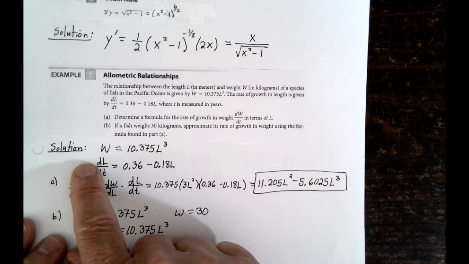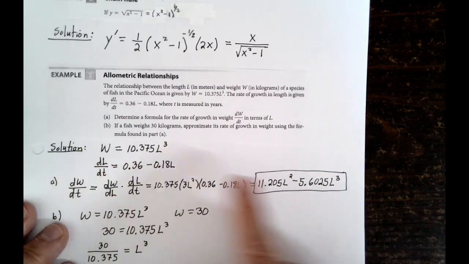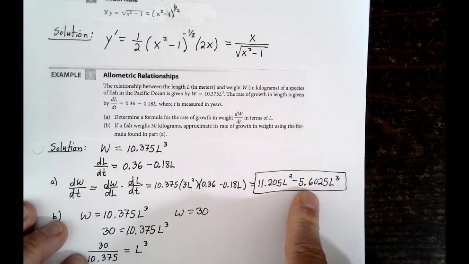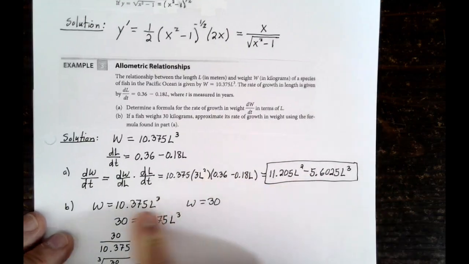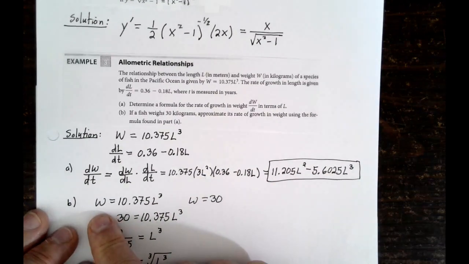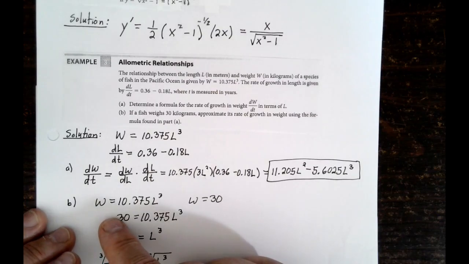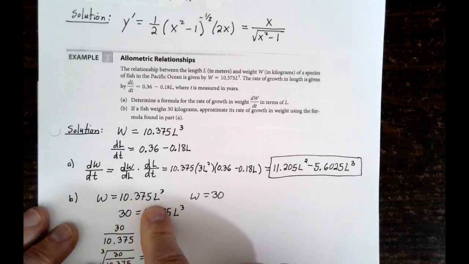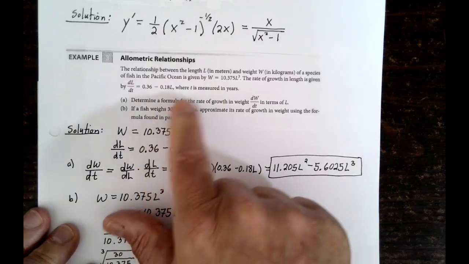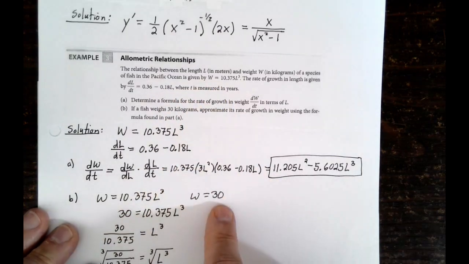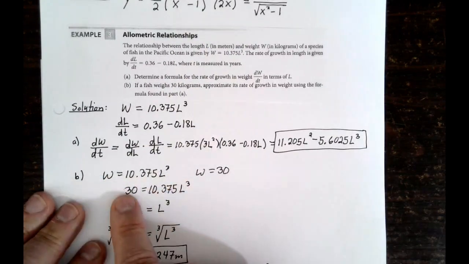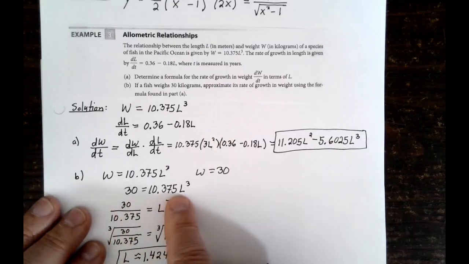It's the rate of change of the weight of the fish based on the length of the fish. And so part B says if a fish weighs 30 kilograms, approximate its rate of growth in weight using the formula found in part A. Well, if the weight equals this, which is the original formula they give you, and we know that the weight is 30, instead of w we say 30 equals this.